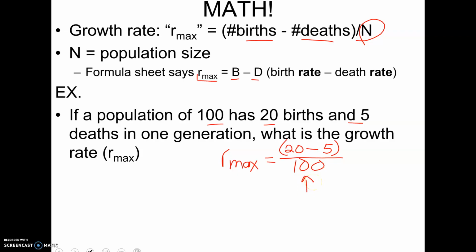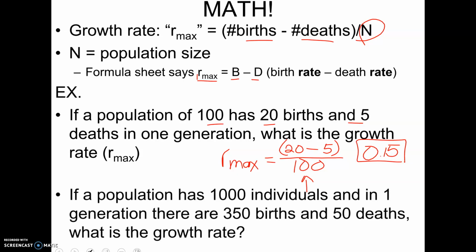So it's not just 20 minus 5, but it's 20 minus 5 over the size of the population. This is going to give us the rate at which this population is growing. In this particular case, that's going to be 0.15. So that would be the growth rate of that population.